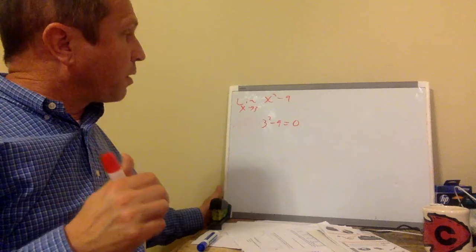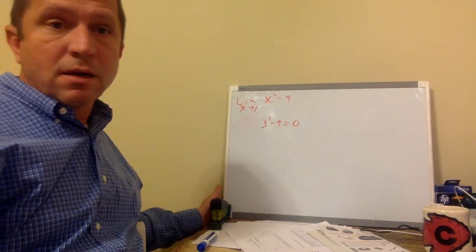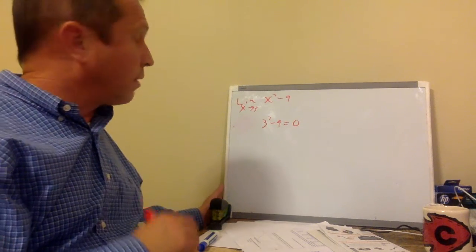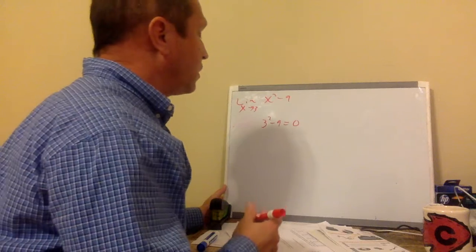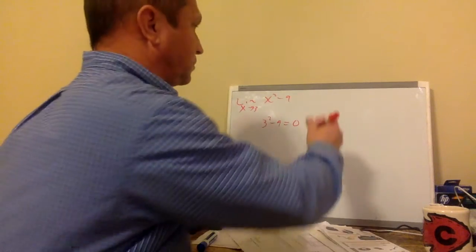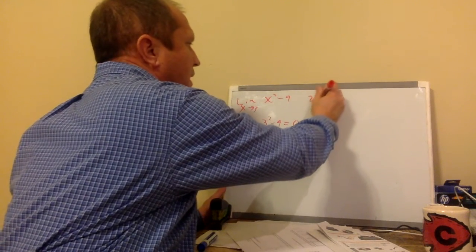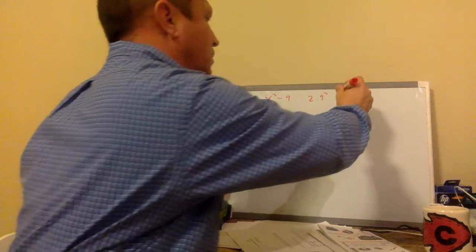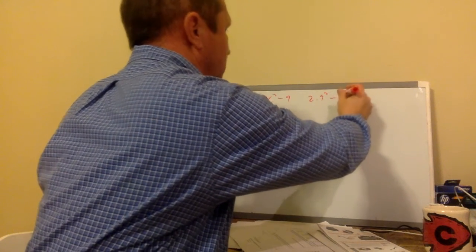Now, again, if you plug in 2.9 or 2.99 or 3.01, you get 2.9 squared minus 9.